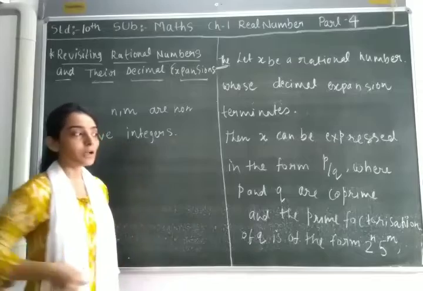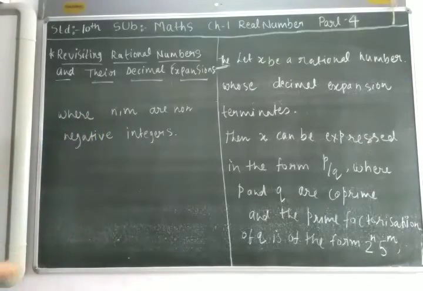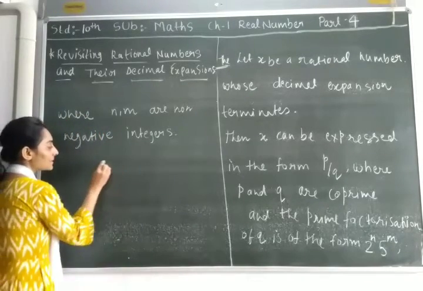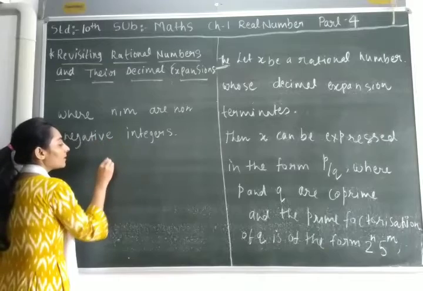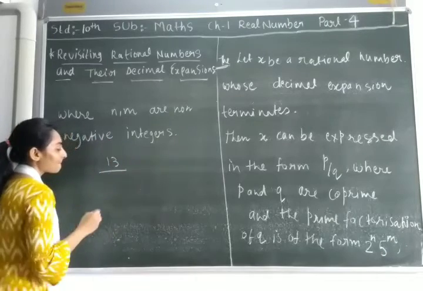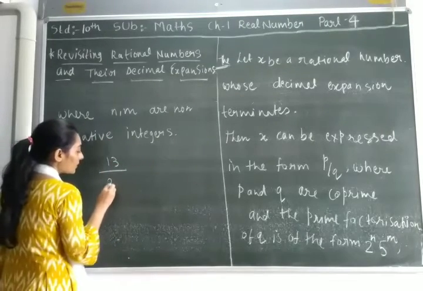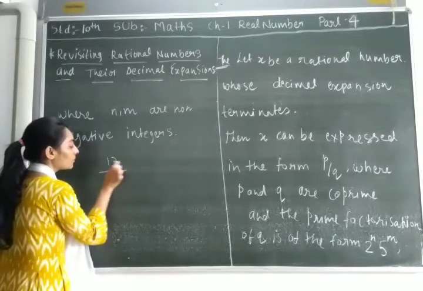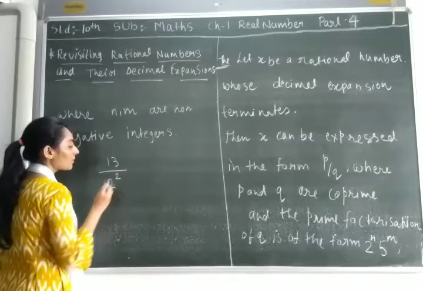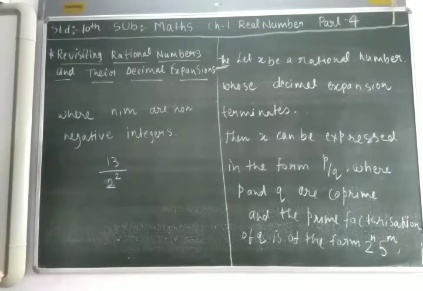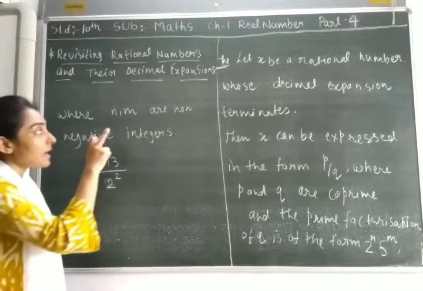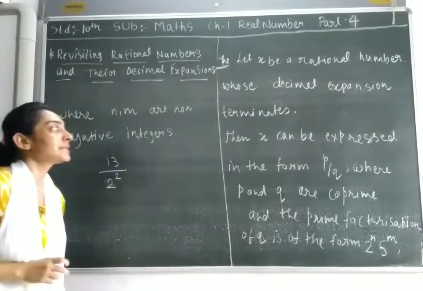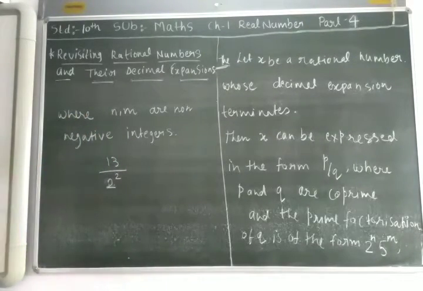Now let's take one example, say 13 by 2 to the power 2. My x is a rational number whose decimal expansion is terminating.